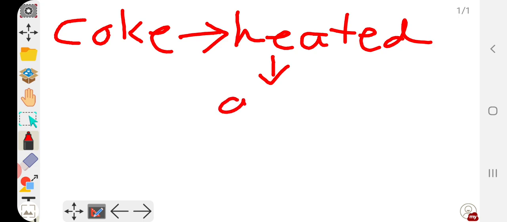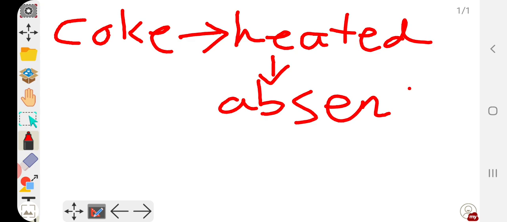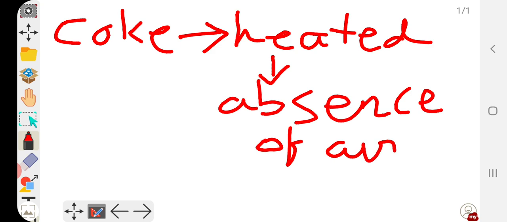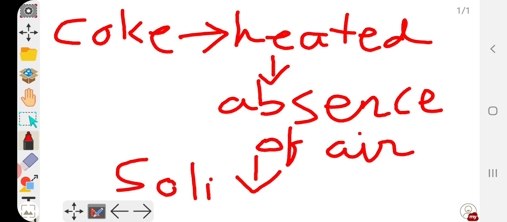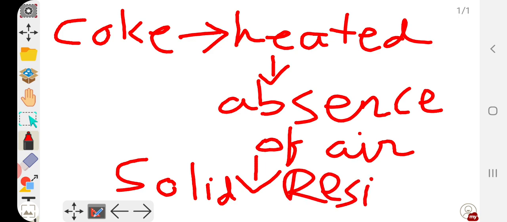So, what is the resultant? The moisture content that is present in the coal gets evaporated and we get a solid material, or we term it as a solid residue.